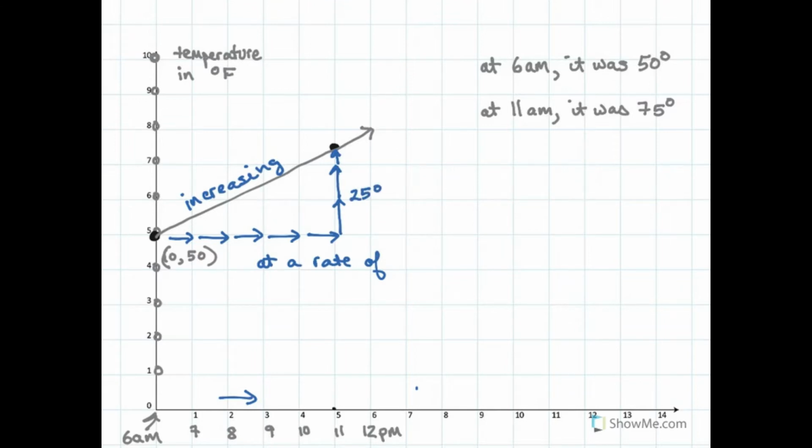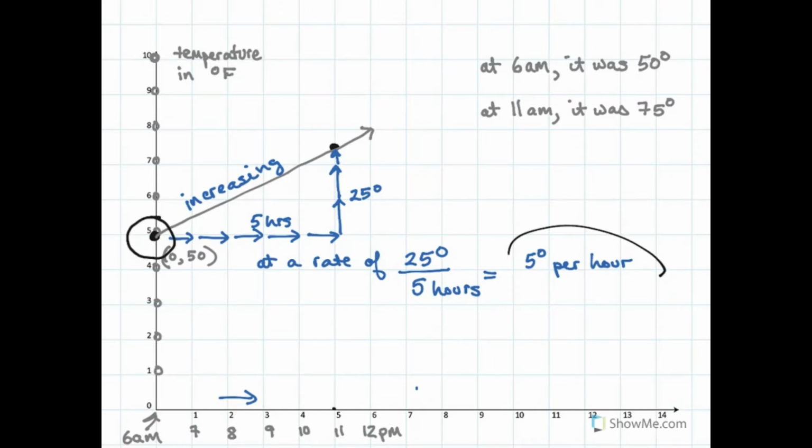So 25 degrees in 5 hours is the same as a rate of 5 degrees per hour. Now to write an equation for this line, these two things are all I need, the starting point and the rate. So let's see how that would work.